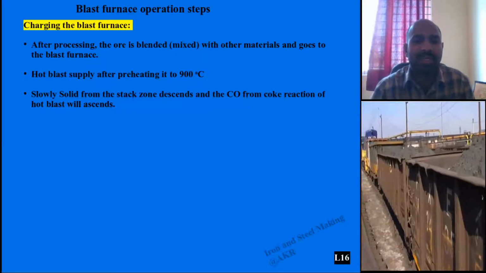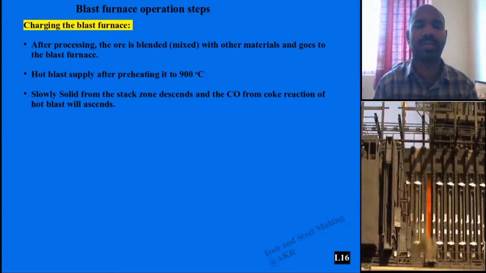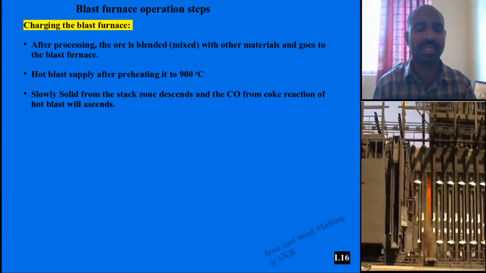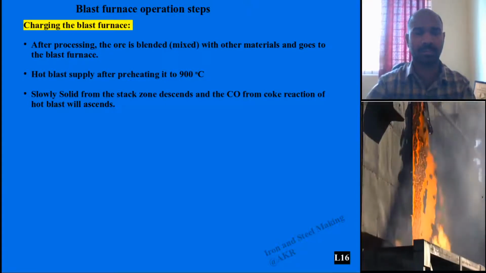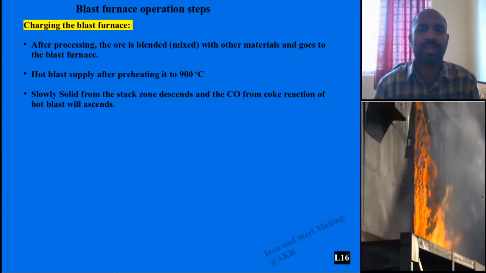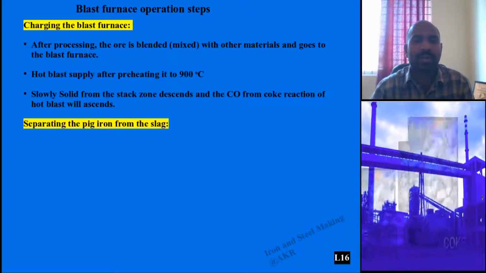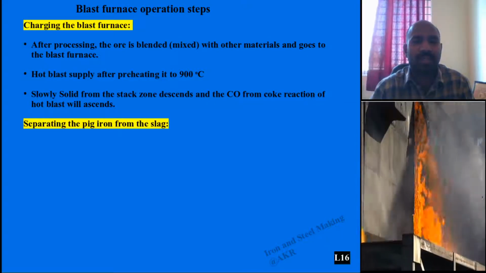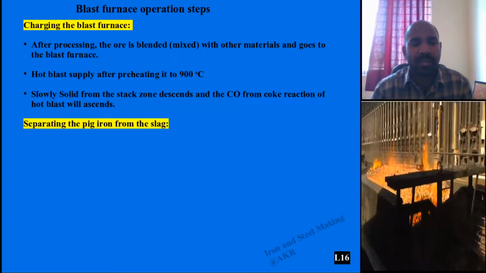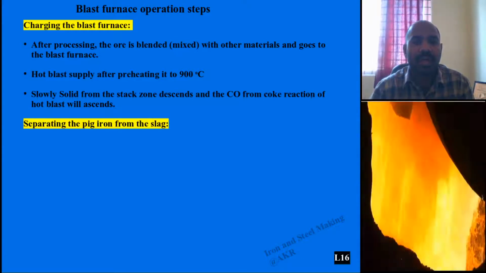The solid charge descends, reacts, and the material softens, and slowly as it reaches near the bosh zone, it turns into molten metal form. This molten form could be molten pig iron and slag.